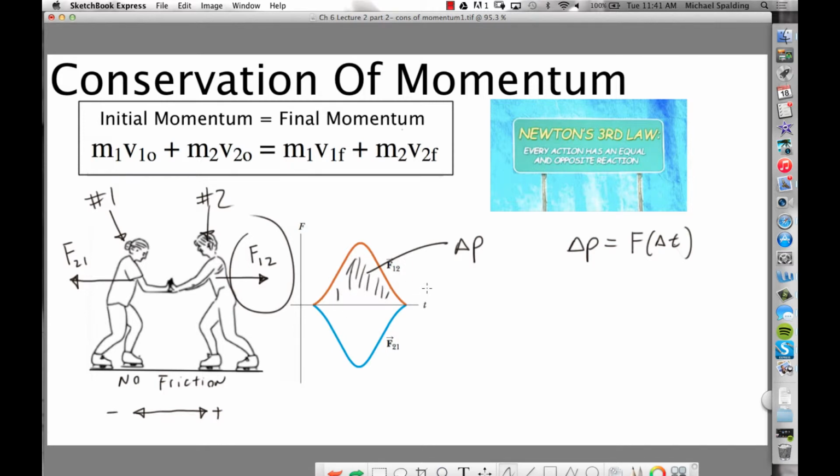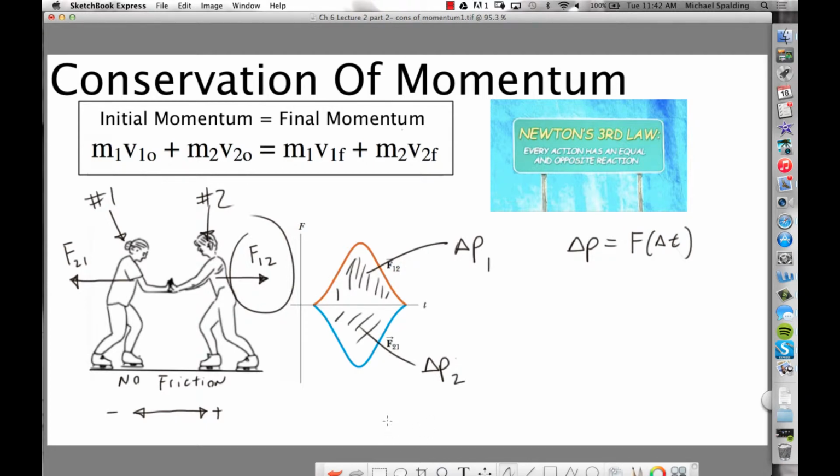The base is time, the height is force, and you would need calculus here because it's curvy, but pretty much what you're doing is multiplying base times height to find the area, which is force multiplied by time, which is the change in momentum. Do you guys remember this from yesterday? Area under a force time graph is the change in momentum. So this would be the change in momentum for guy number 1, and this right here would be the change in momentum for guy number 2.